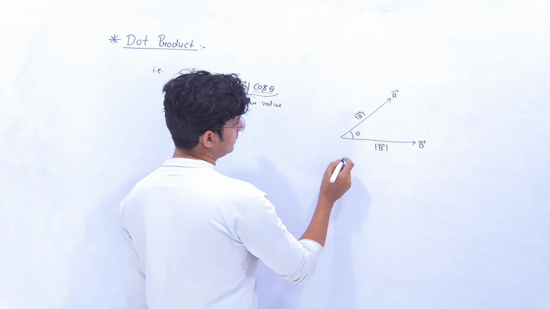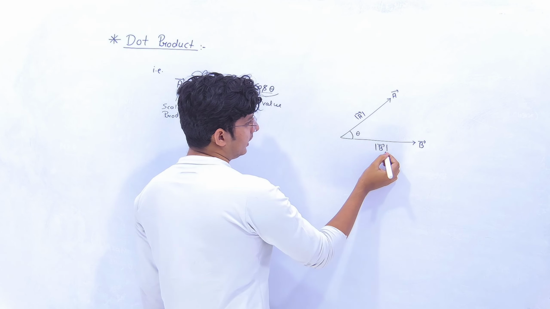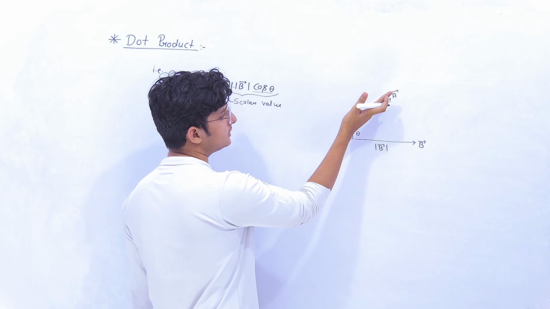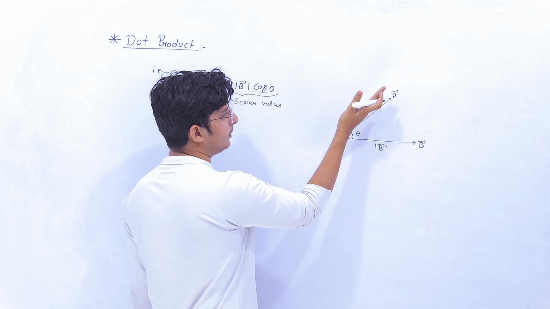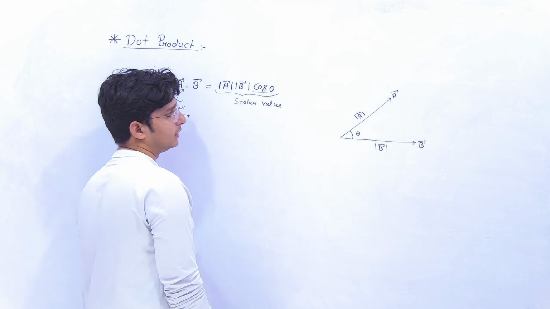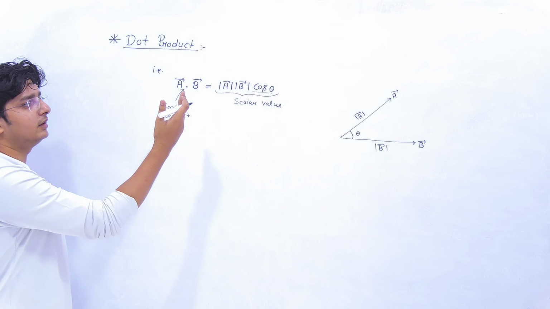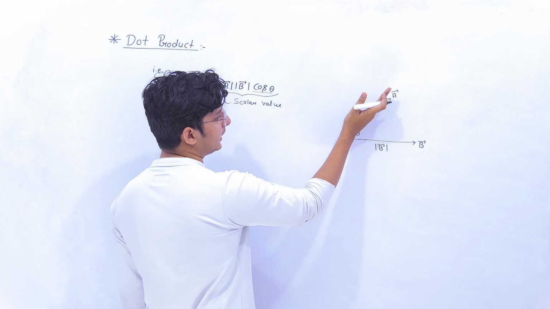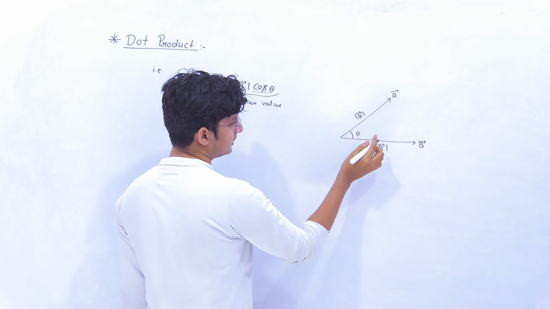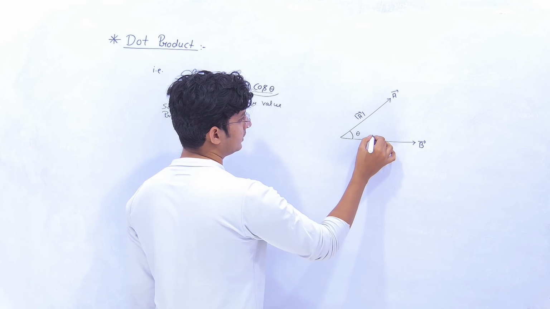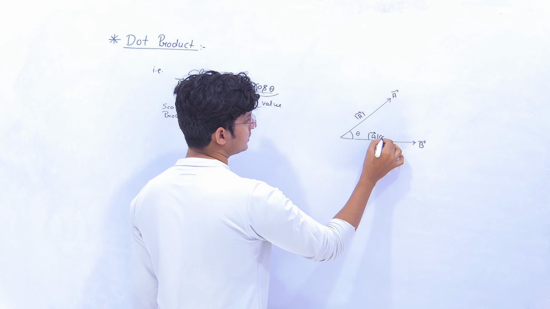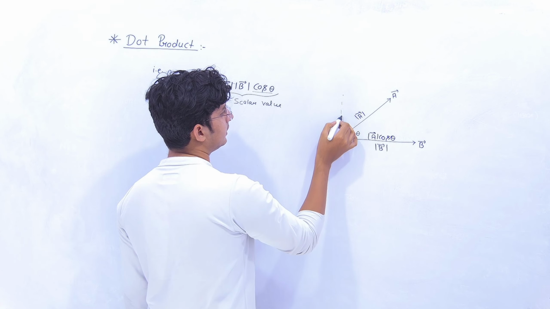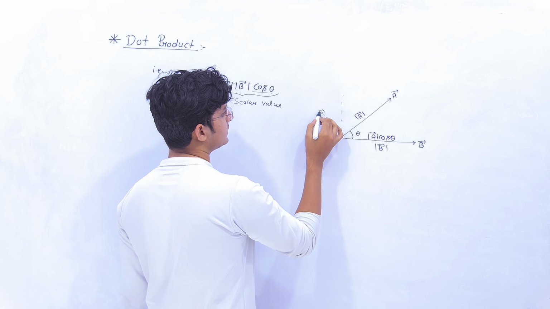Now, look here, the a vector is broken down into two components, the horizontal component and the vertical component. The horizontal component of this vector is a cos theta, and the vertical component is a sin theta.